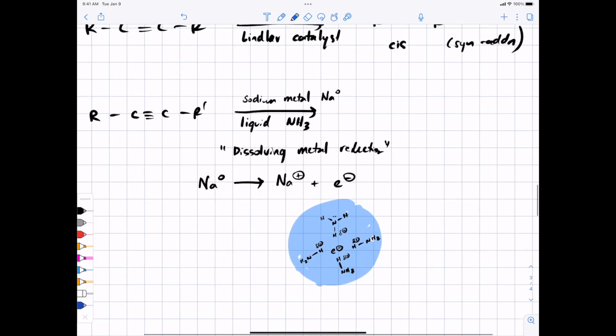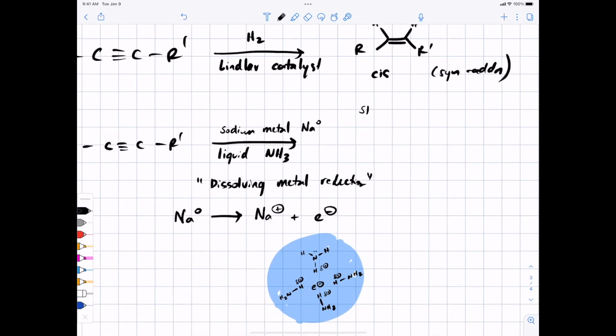Okay, so the effect of this reaction is to add electrons stepwise to the alkyne. The reaction mechanism is in your text. We're not going to worry about that reaction mechanism, but think of it this way. Stepwise adding of one electron, then it picks up a proton. Then you add another electron, then it picks up another proton.